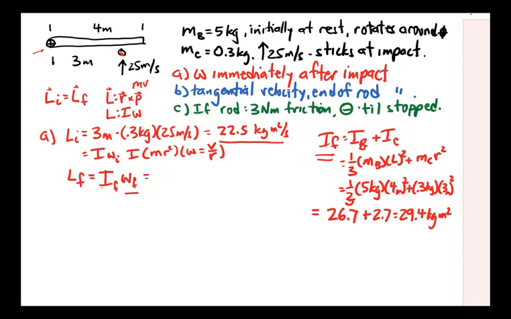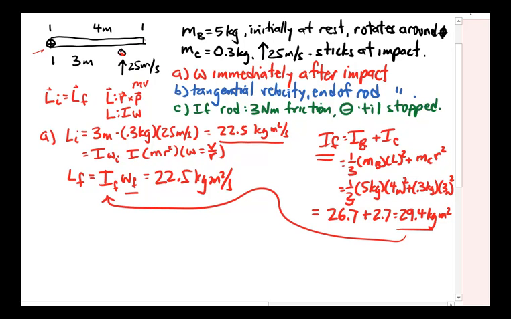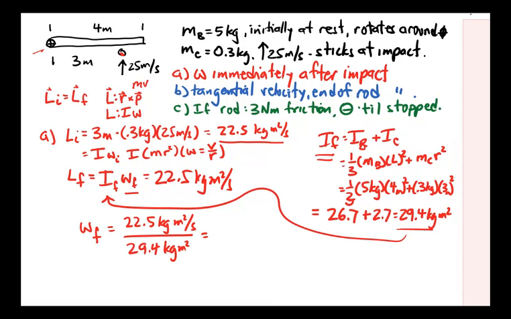Okay, so I know my final angular momentum is equal to my initial angular momentum. So our final angular momentum will be 22.5 kilogram meters squared per second. We know that the moment of inertia is going to be our final moment of inertia, so our final angular velocity will be our angular momentum divided by our moment of inertia.